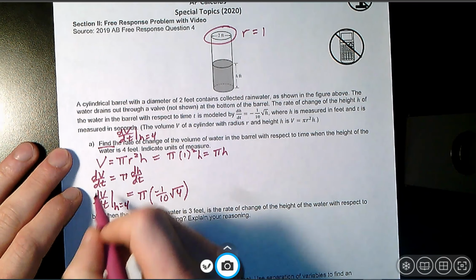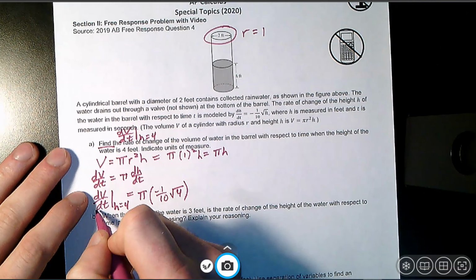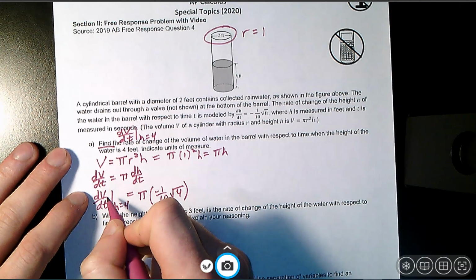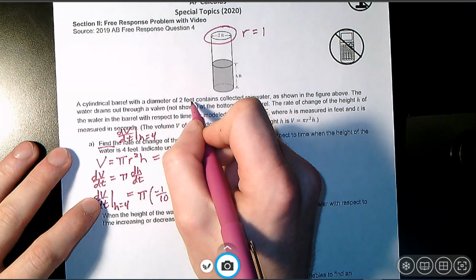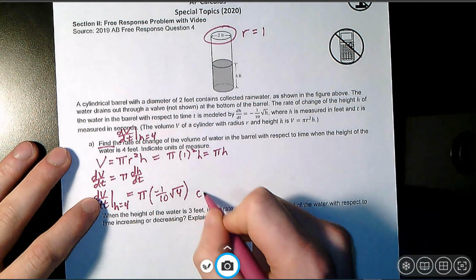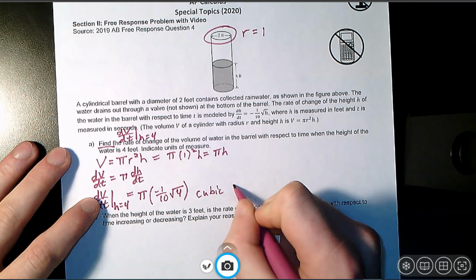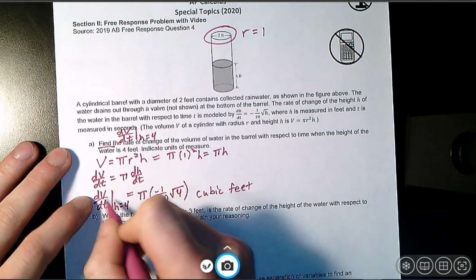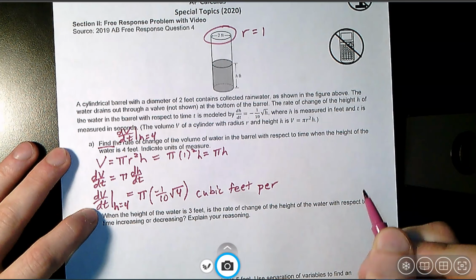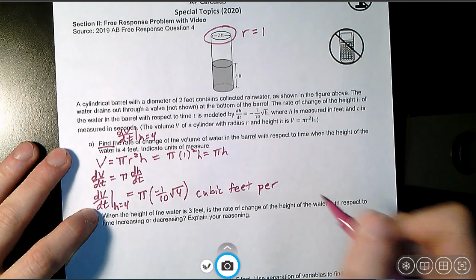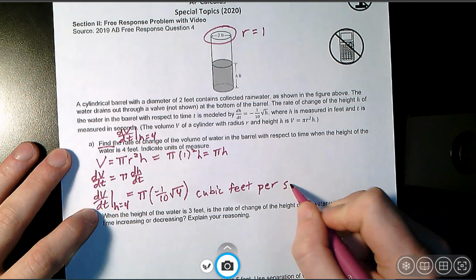I'm looking at change of volume over change in time. We're talking about a diameter of 2 feet, so our volume is going to be cubic feet. And then per time, our units of time is going to be seconds.